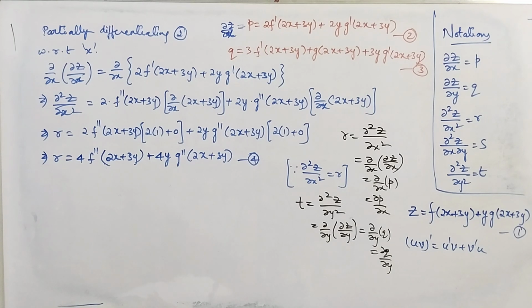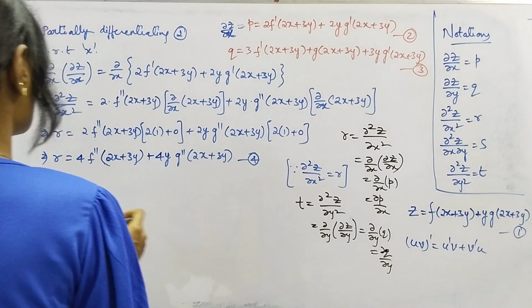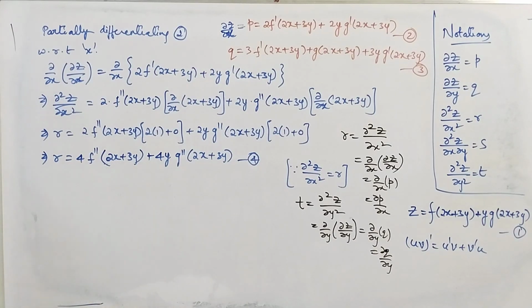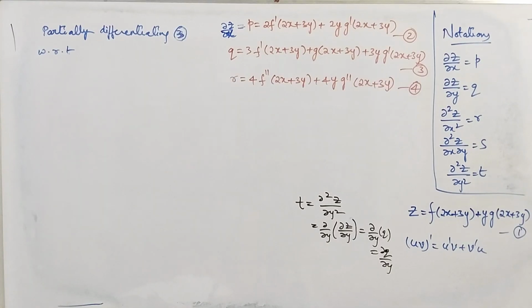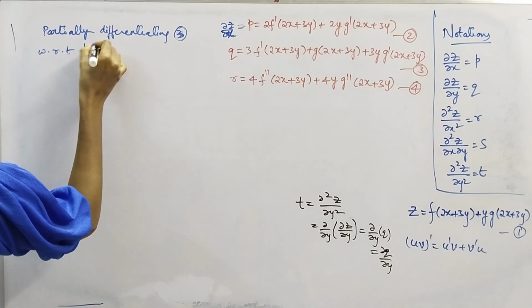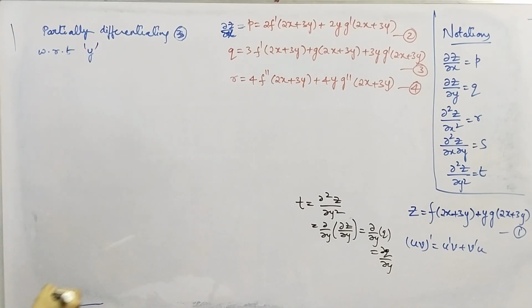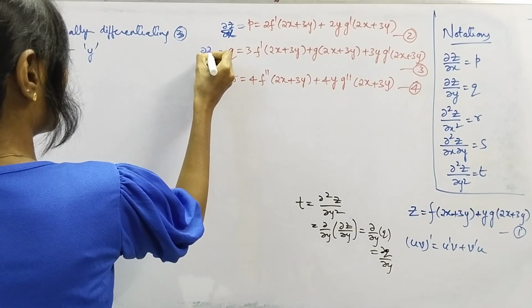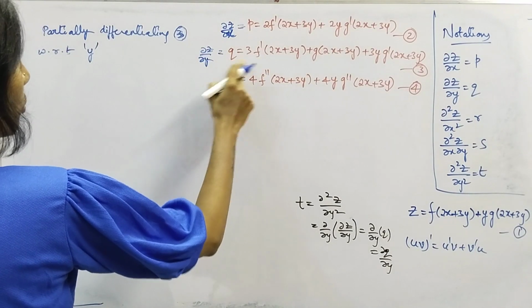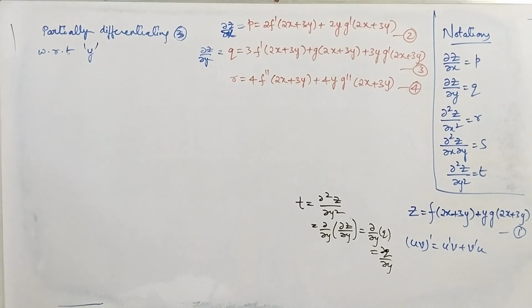Now what we are going to do is we'll just partially differentiate equation 3 with respect to y. Partially differentiating 3 with respect to y, let's write ∂z/∂y instead of q. Now we'll partially differentiate both sides of this equation with respect to y.